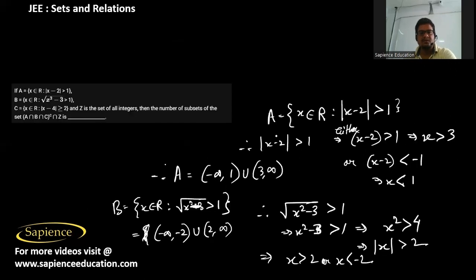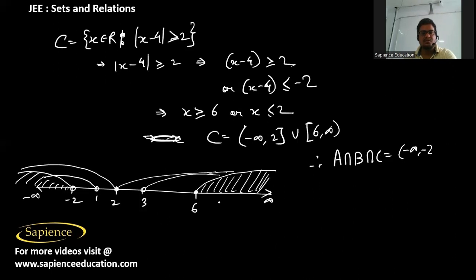Here 2 is not included, this -2 is not included, but here 2 is included. So this is minus infinity to -2 union 6 to infinity. So here 6 is included.